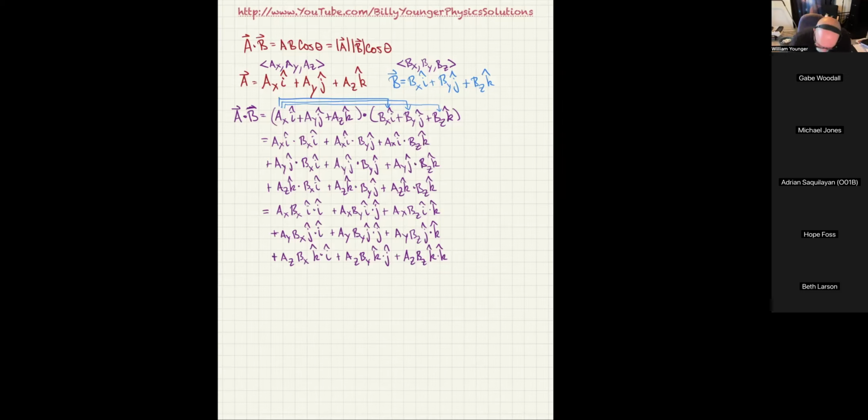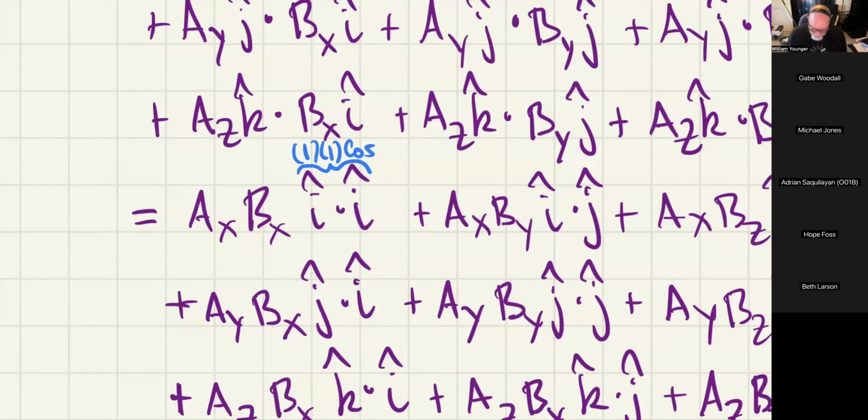So when we go to do the dot products, like this little guy right here, i hat dot i hat, this quantity is just 1 for the magnitude of i hat times 1 for the magnitude of the other i hat times the cosine of the angle between them. Those two vectors are identical.